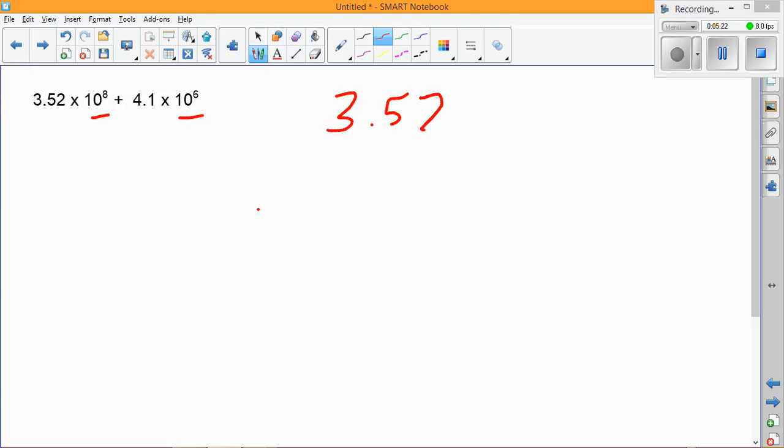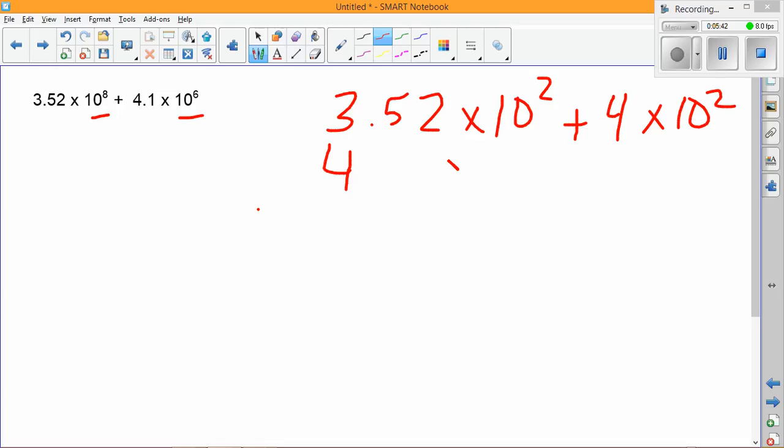If I have this, and the signs are the same on the exponent of the 10, I can actually just stack these on top of each other and treat this 10 squared like a like term.